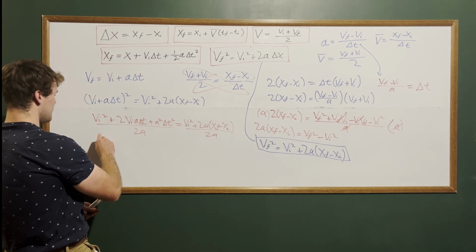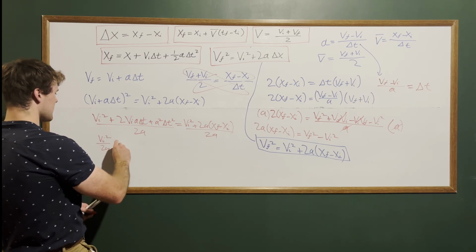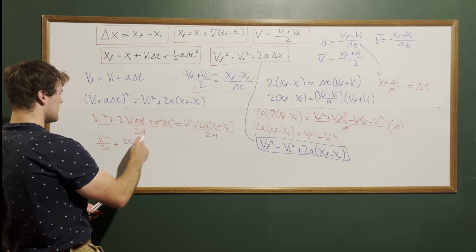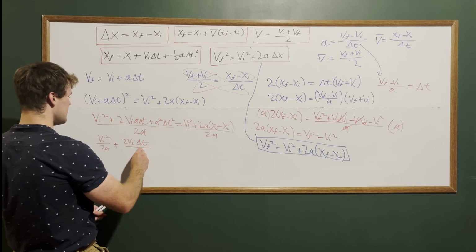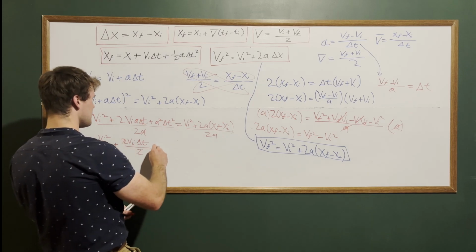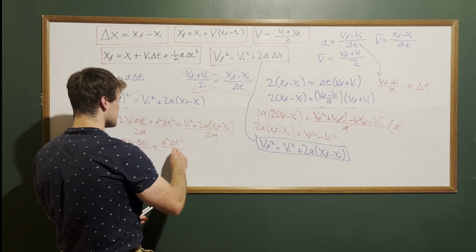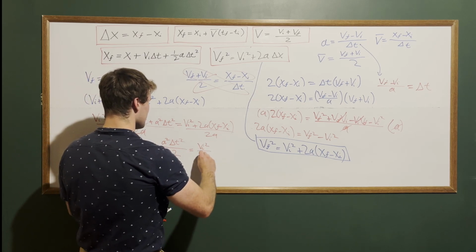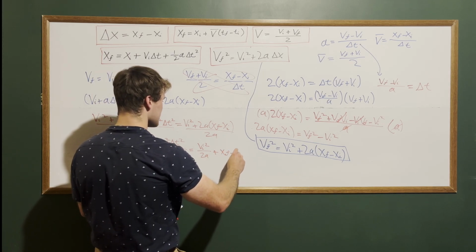We have vi squared over 2A, this guy, plus 2 vi, these a's cancel, delta t over 2, these 2's also cancel, plus a squared delta t squared over 2 equals vi squared over 2A plus xf minus xi.